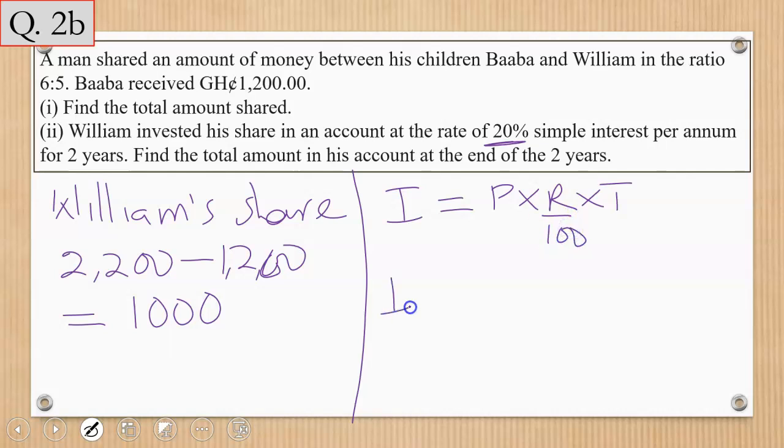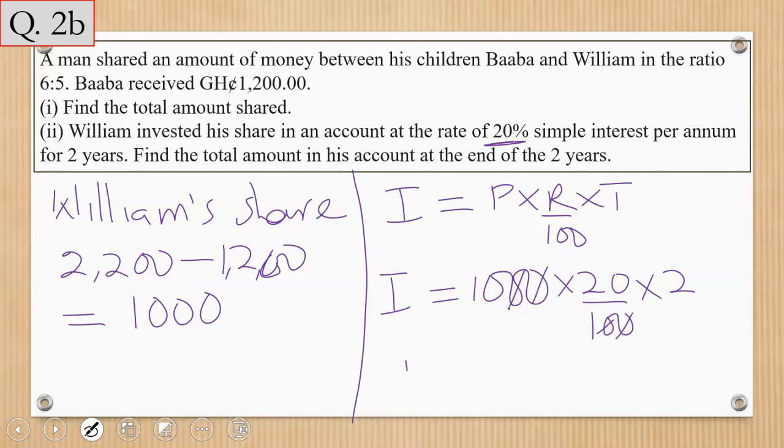Now, simple interest, I don't know. Principal, according to the question, is 1000. The rate is 20%, so 20 divided by 100, times the time, which is 2 years. If I do simple cancellation, I'm going to have the simple interest equal to 10 times 20 times 2, and that will give us just 400.